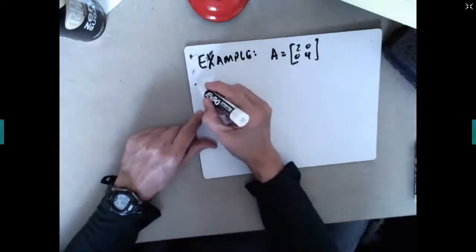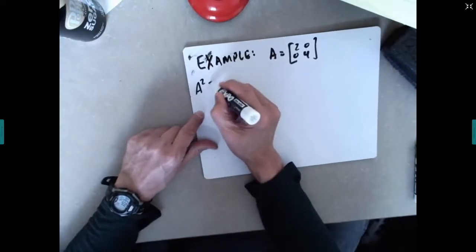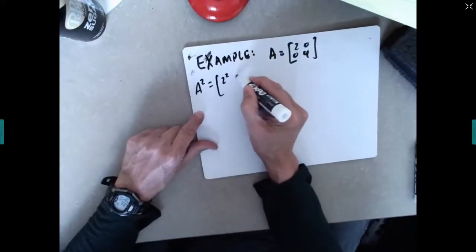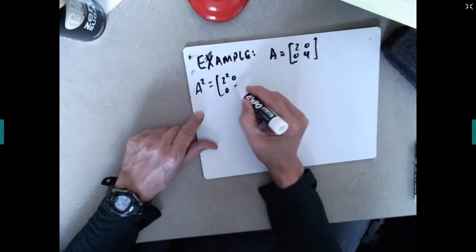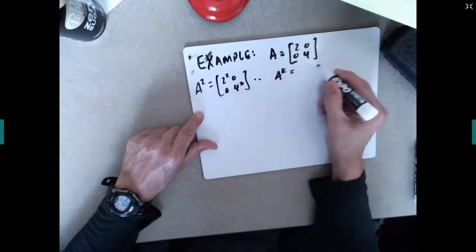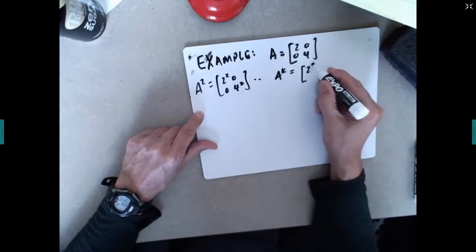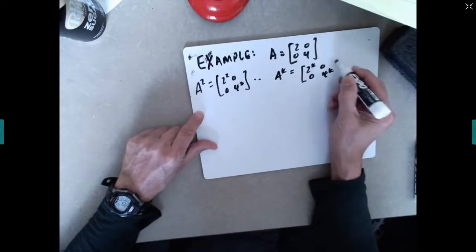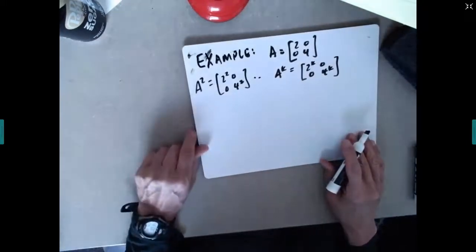Well then, it's easy to see that A squared is just going to be 2 squared, 0, 0, 4 squared, and A to the k, again, it's just direct computation. So for a diagonal matrix, it's not too bad, right?